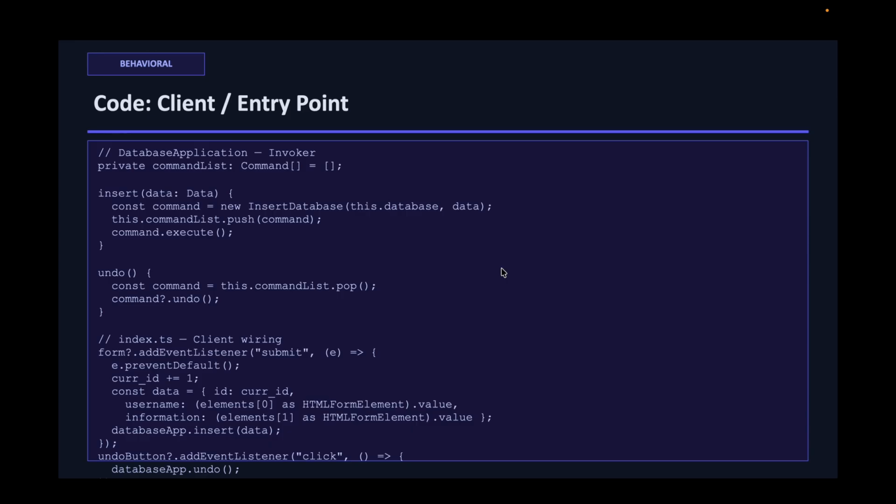The form submit handler in the TypeScript file calls the database app insert data, and the undo button calls the database app undo. The client has no undo logic of its own. It's entirely delegated to the invoker and its command history.